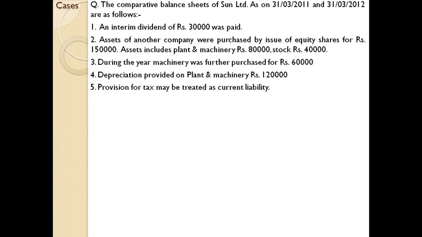See, there is an item, provision for tax. Usually I have said that provision for tax is a non-current item, so you have to prepare it under the non-current accounts area. But here it is said that provision may be treated as a current liability.